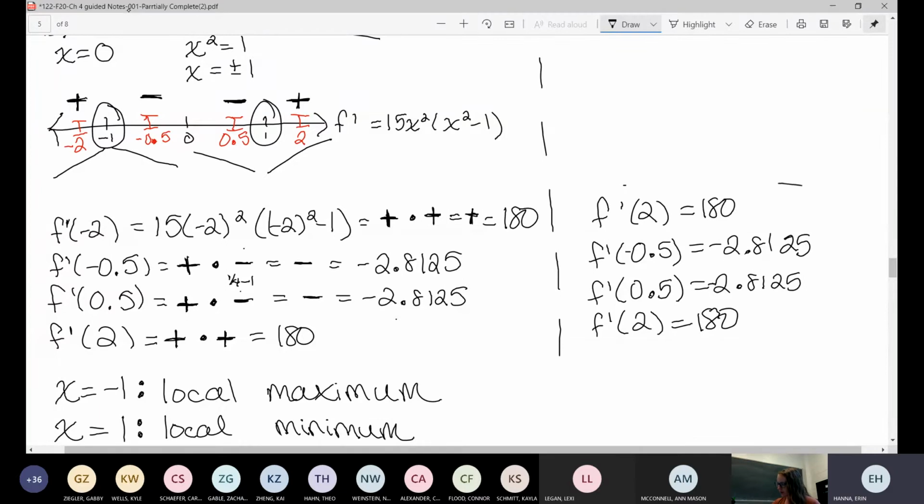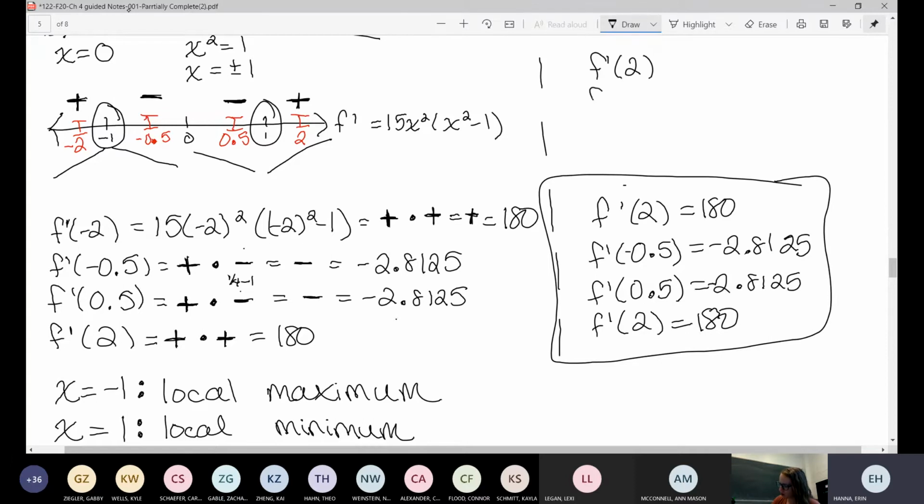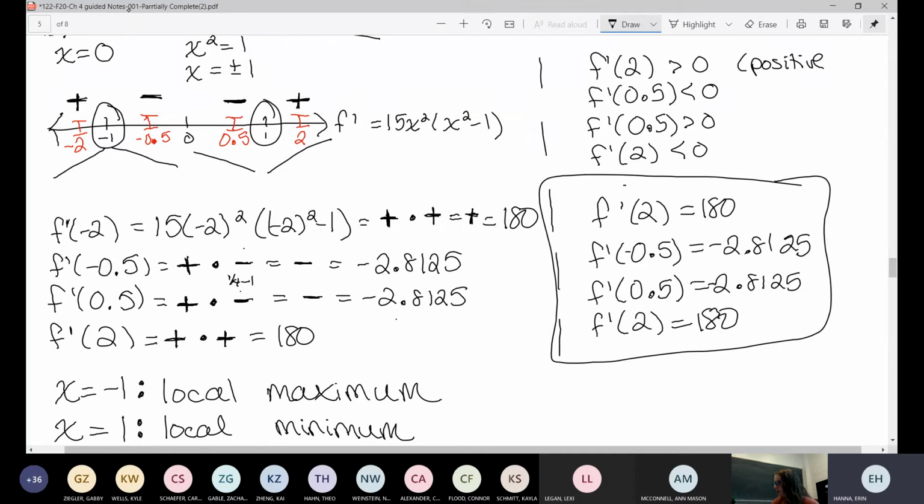But anyway, one acceptable thing on the exam would be to actually write out the values. Another thing I'll accept, I do want you to note all of the things that you've found. But say you use my sign idea and you don't actually find the value, just tell me whether they're positive or negative, greater than 0 or less than 0. Or you could even write positive and negative.